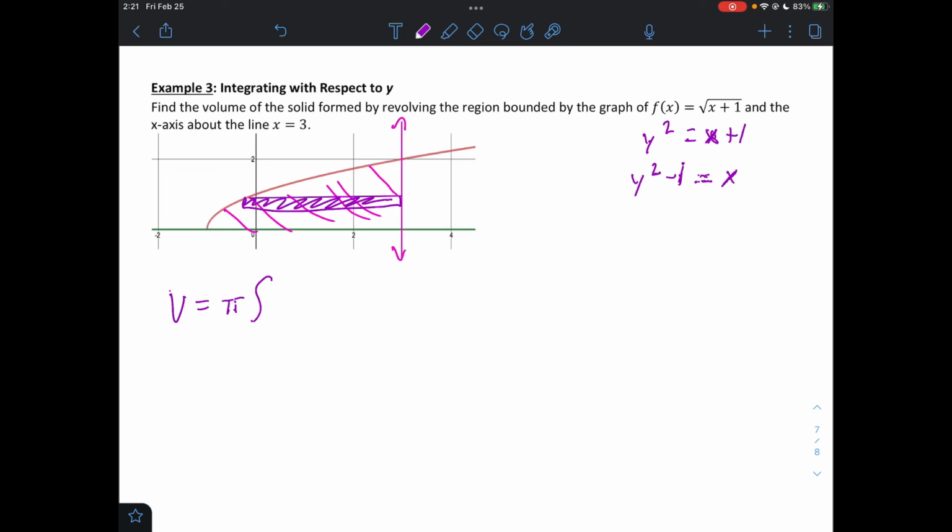Remember, these are y bounds here, so the lowest y is 0. The highest y is 2. If you don't see that, you can always set these equal to each other to solve. So bounds are 0 and 2. R squared, so the radius here is going to be function minus axis squared dy.